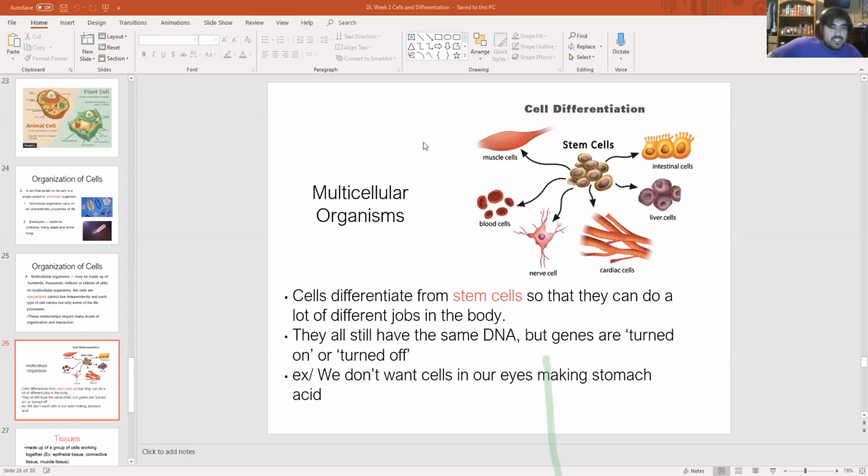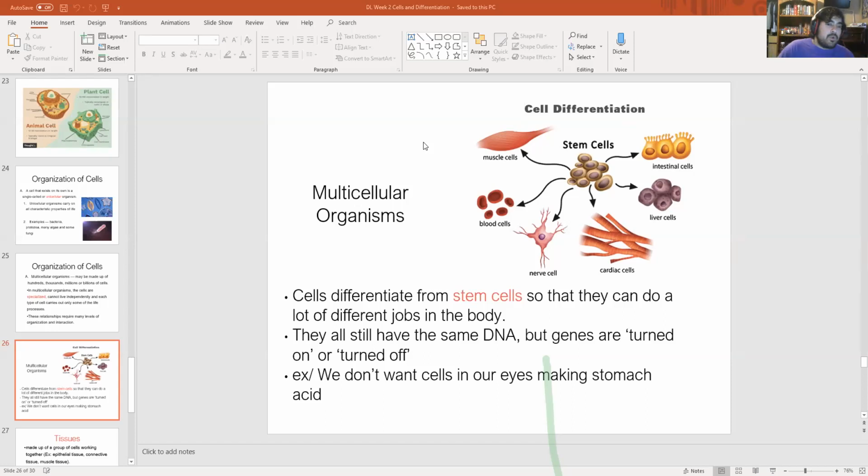So cells differentiate from stem cells so that they can do a lot of different jobs in the body. They all still have the same DNA, but genes are turned on or turned off. Example, we don't want cells in our eyes making stomach acid, right? So we talked about this again beforehand.